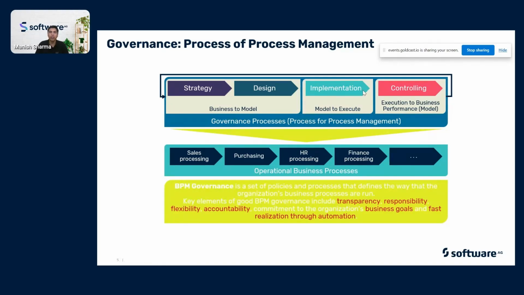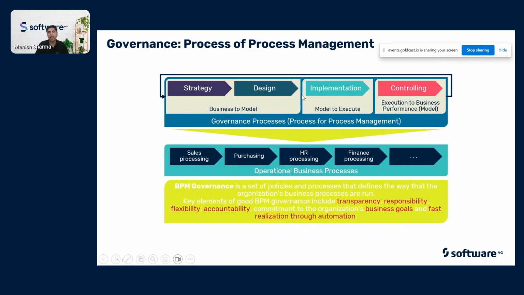And once you've implemented it, you want to ensure that they are being used as designed. So there's an act of controlling where you look at the processes and see if they're performing as per the design. And where there's a deviance and they are not as designed, and you see that there's a gap between the design and the actual performance, then you get back to the drawing board and reinitiate this change to ensure that the target operating model is met.